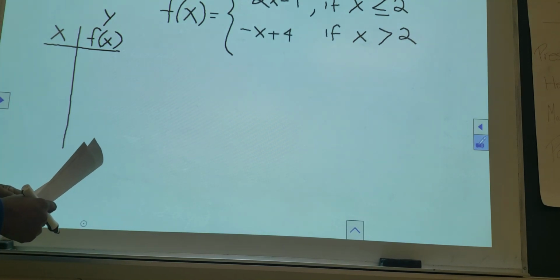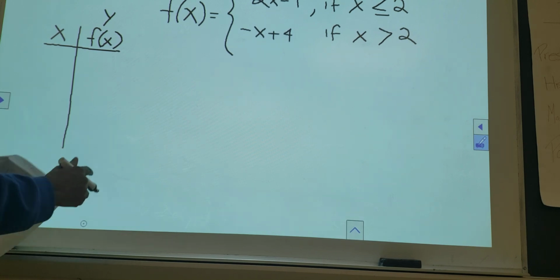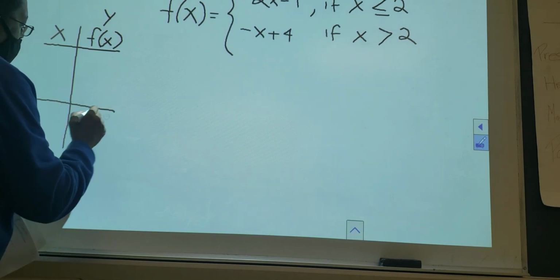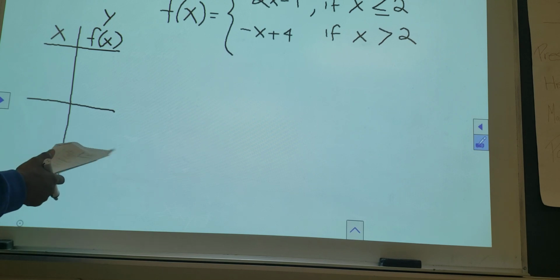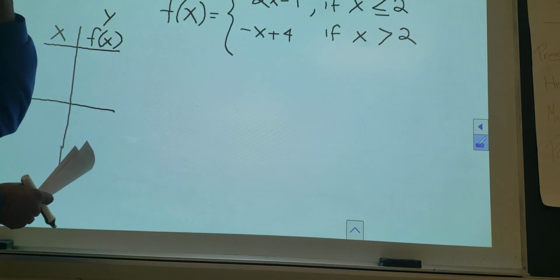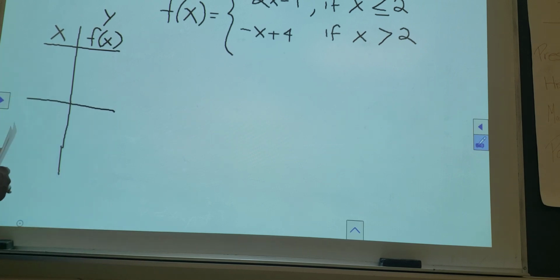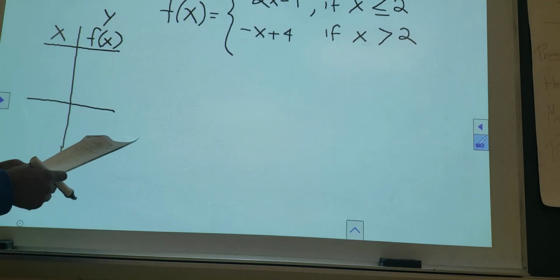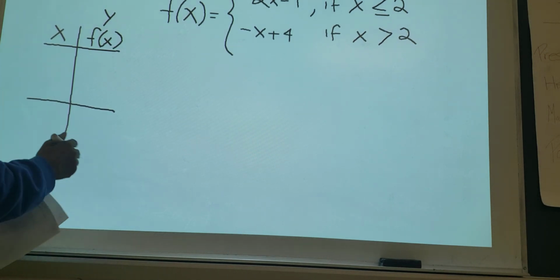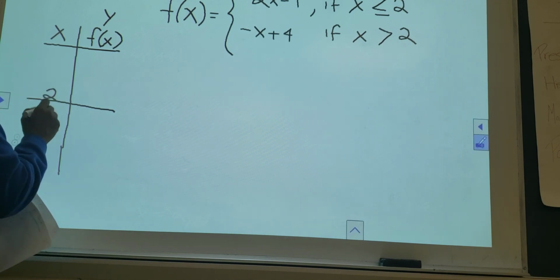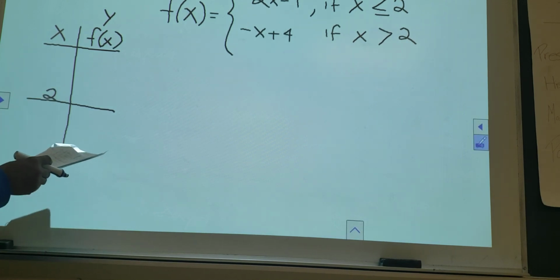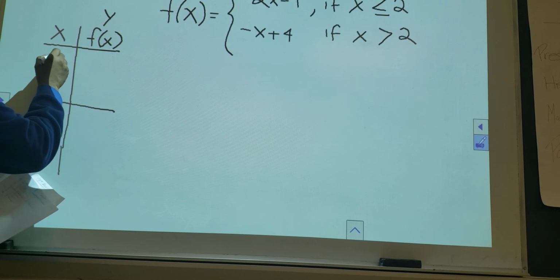It says x is less than or equal to 2. So we're going to do both of these functions on one table. Let's do this first function, where x is less than or equal to 2. So let's put 2 here, and let's put some points that are less than 2, okay?